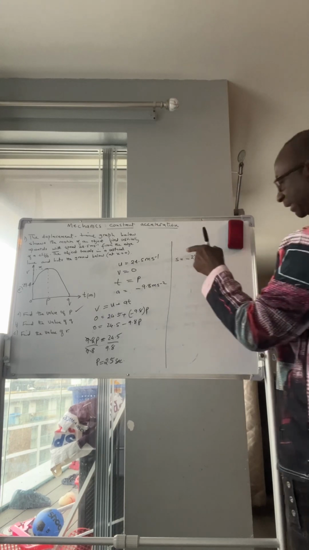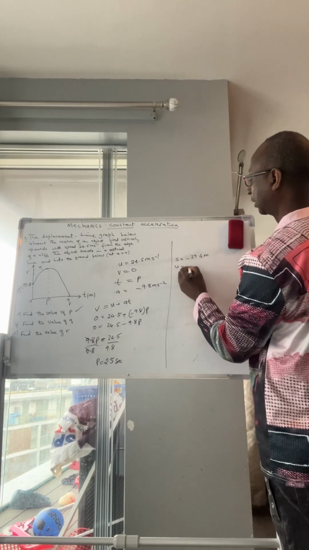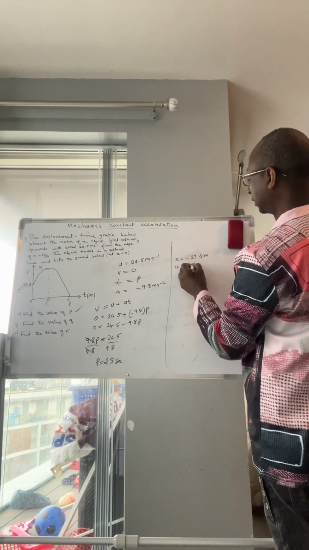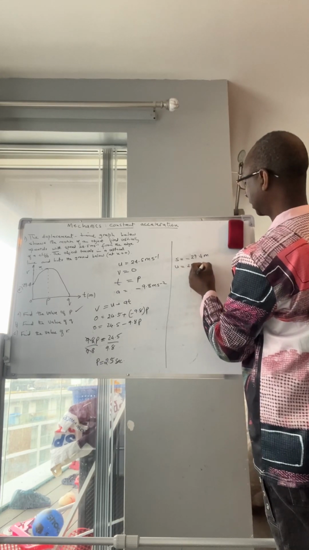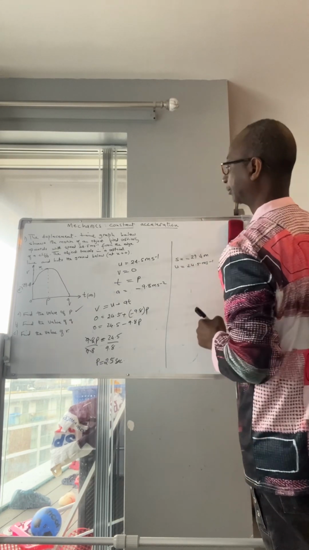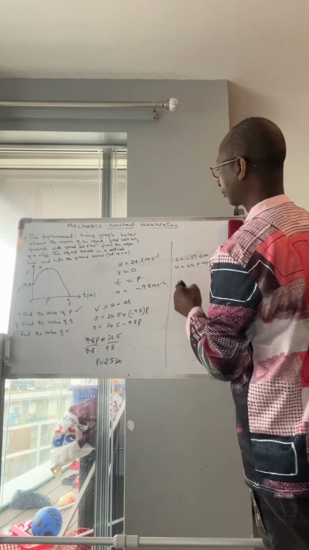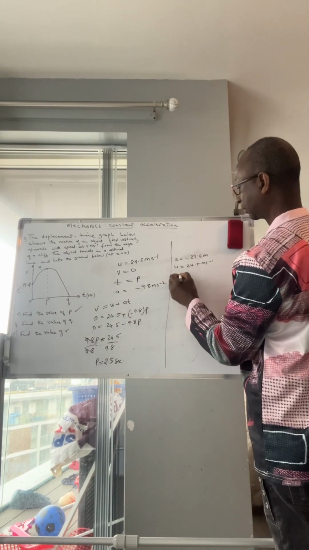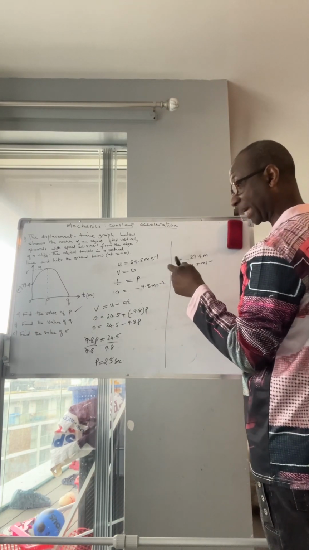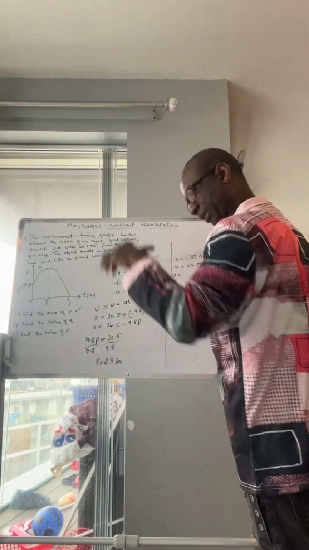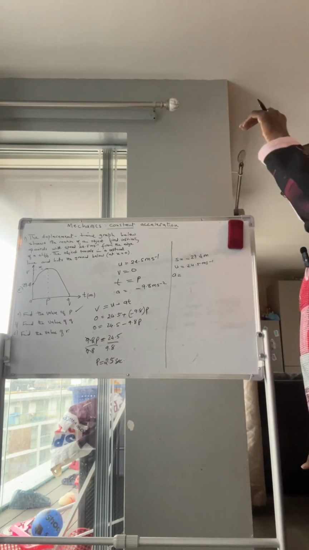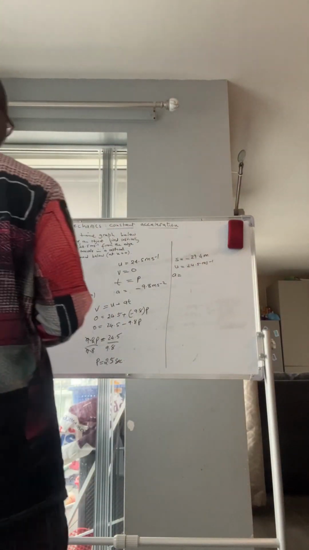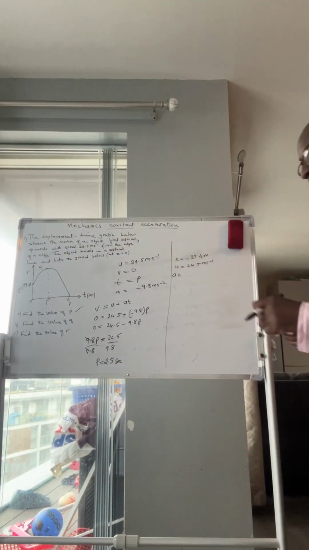And initial velocity, u, we are given 24.5 meters per second. And acceleration, you've got to know, any object that is fired upwards or thrown downwards has an acceleration due to gravity. You should know that, whether it's given to you or not.